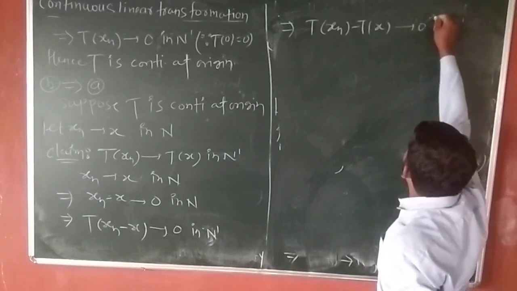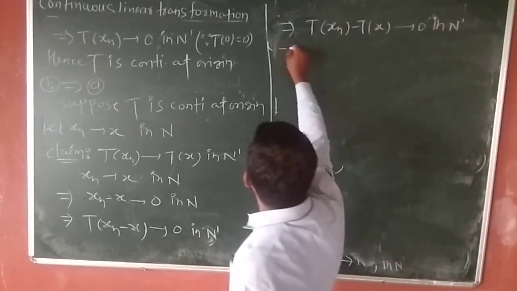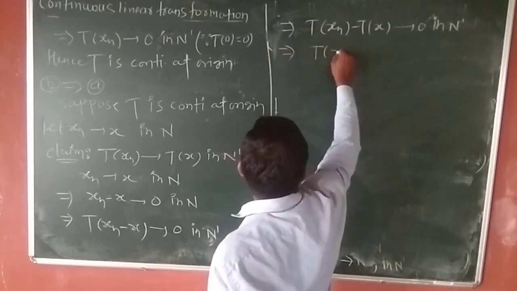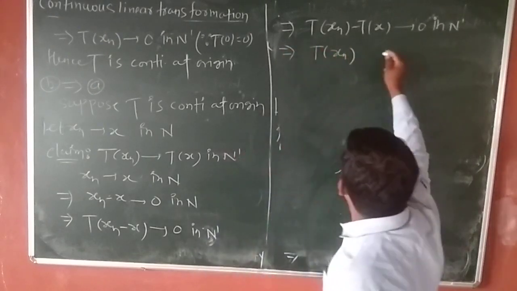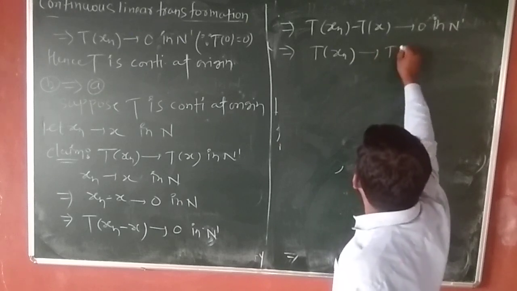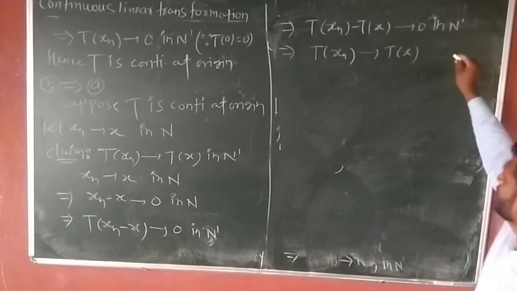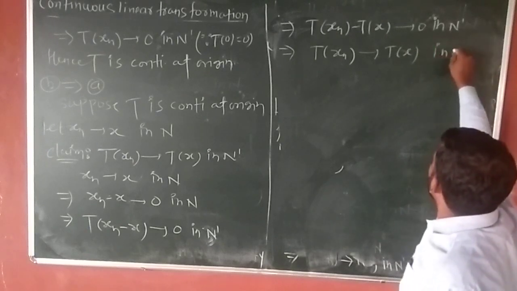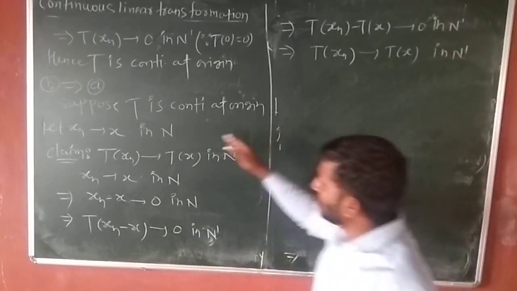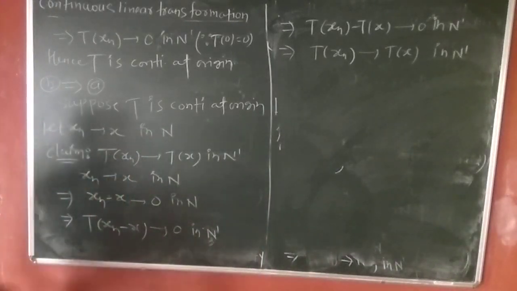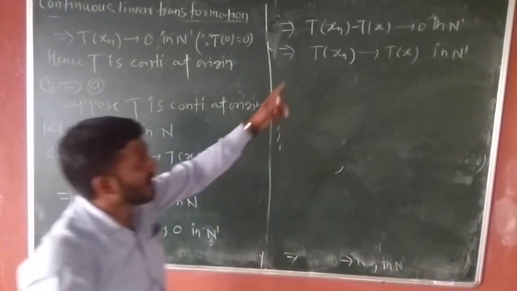So taking it to the right-hand side, we get T of x_n tends to T of x in N dash, and that we had to show.